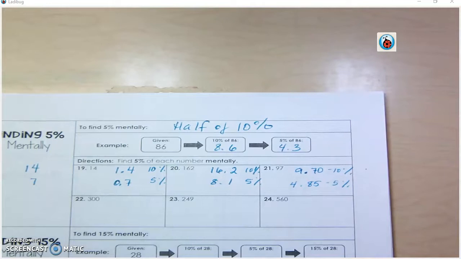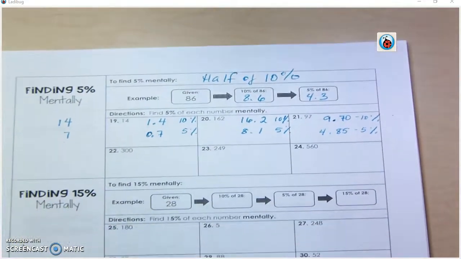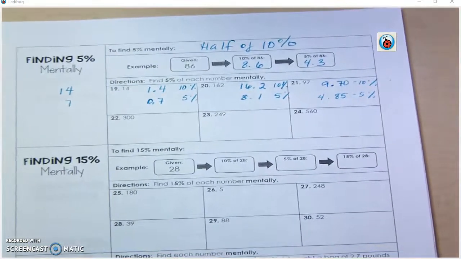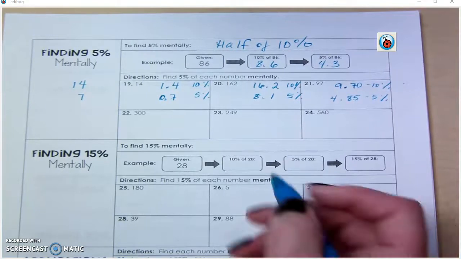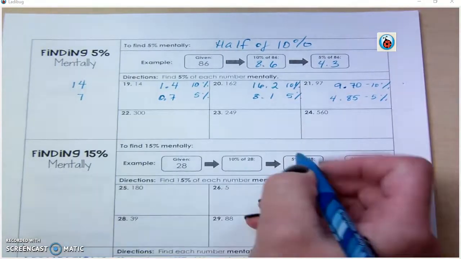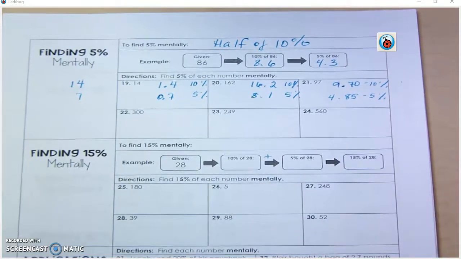All right, so the next 3 questions are yours to answer as you watch this video. And so from here, guys, our next step is finding 15%. I know it was not in the earlier scenario, but this is your 10 plus 5, which will give you 15%.